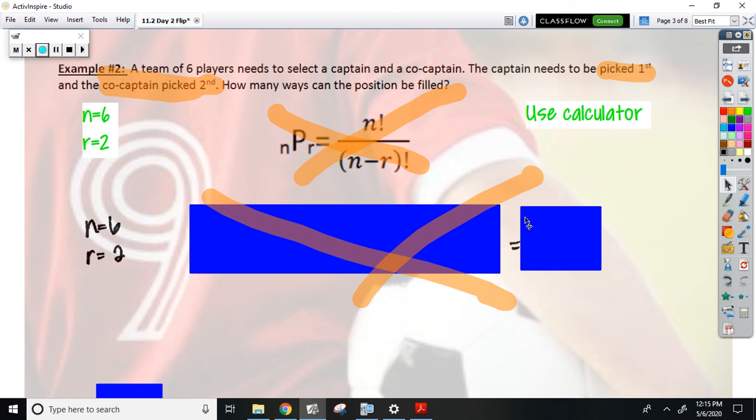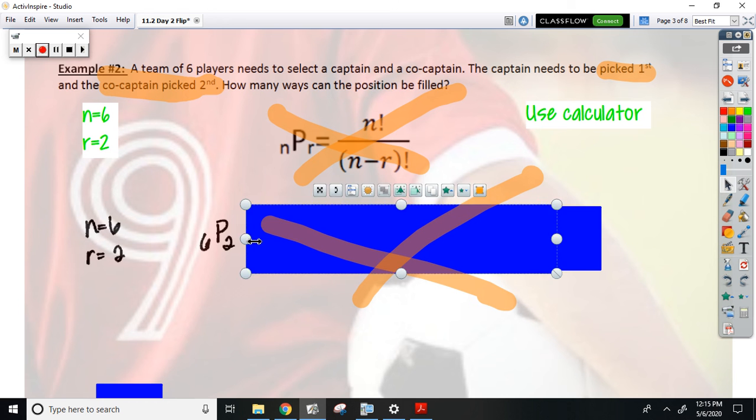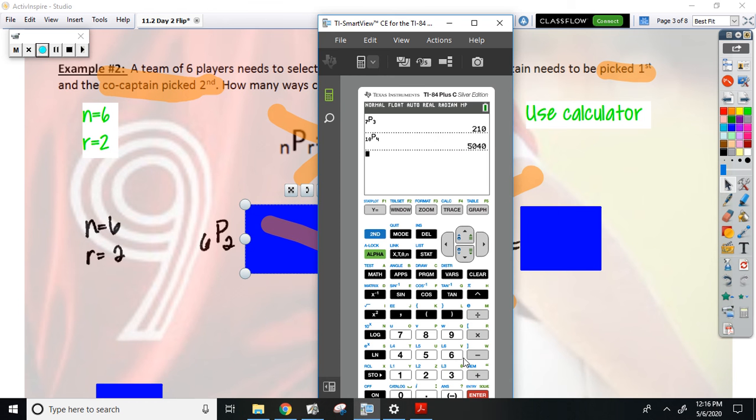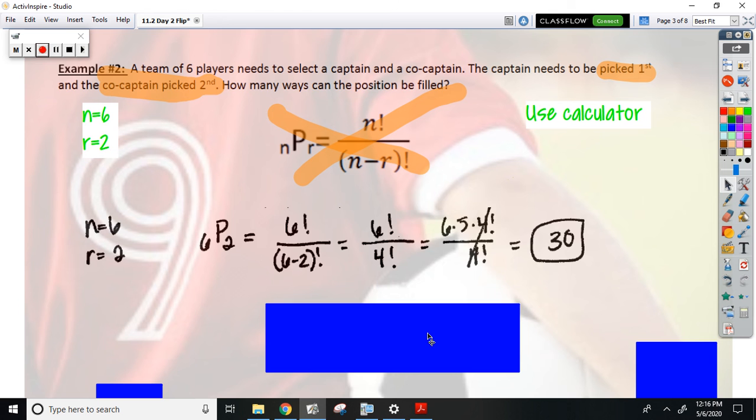So we would then have 6P2, and we can type that straight into our calculator. 6, pressing the math button, over to probability, option 2, and then typing in 2. We should get 30 as our answer. If you want to use the formula because you don't trust your calculator or you don't have your graphing calculator, you're welcome to do so. You will get 30 also.